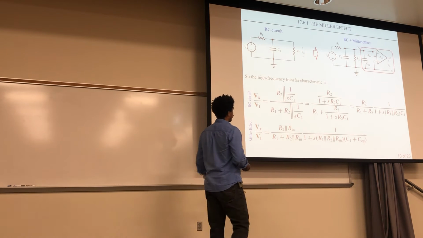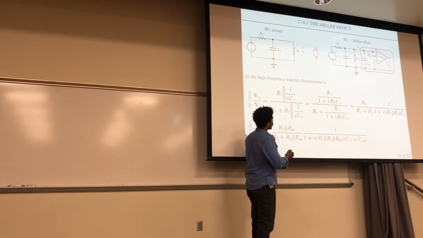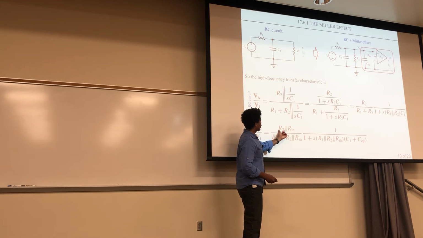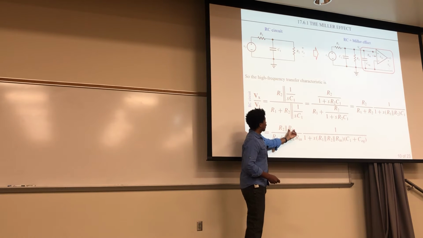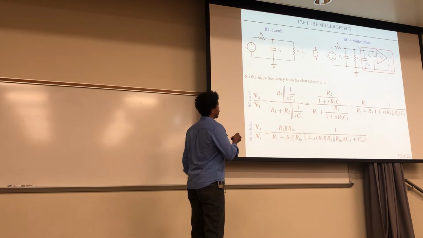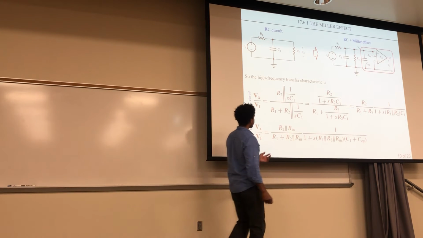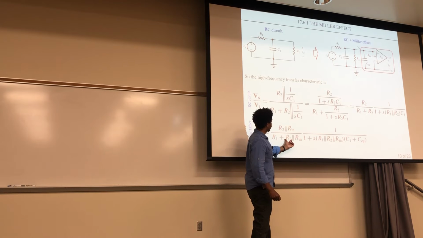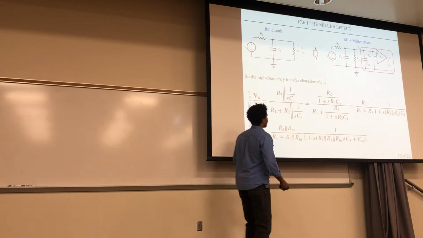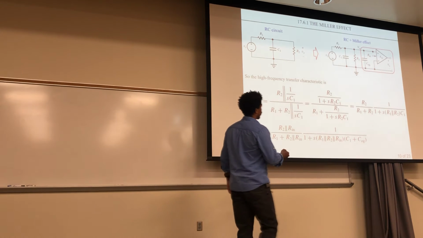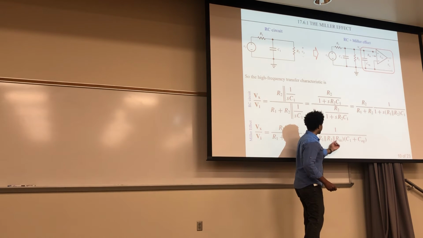And so the difference between these is that this R2, you can think of it as being replaced by this R2, which is in parallel with Rn. And Rn is seen right here. So yeah, this R2 in parallel with that Rn. And so here you see I have another R2. That's going to be in parallel with Rn. And this expression on the bottom right here is, again, you have this R2 in parallel with Rn.